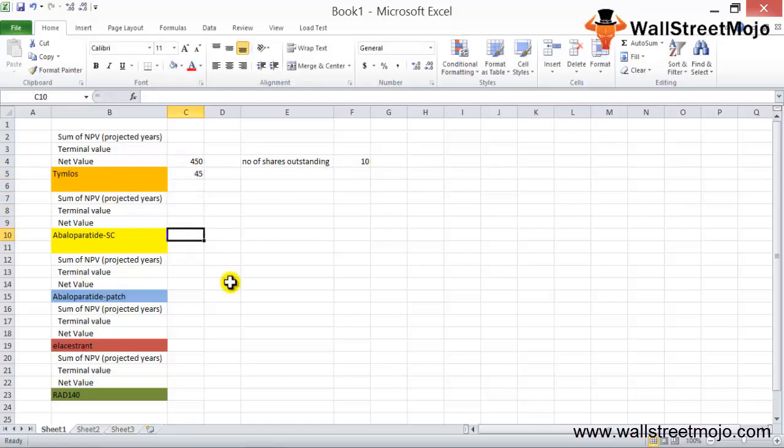Now in the same way, we can just hypothetically assume different values for other segments. So let's say 250, and the value of this is going to be this by the number of shares outstanding. Again, net value for abaloparatide patch is, let's say, 300 million, and for this one, let's say 600 million, and for this one, let's say 650 million.